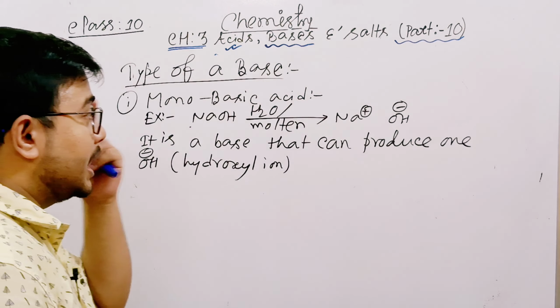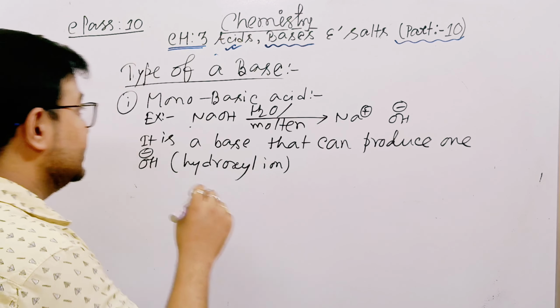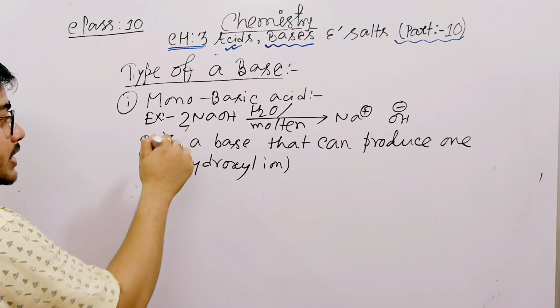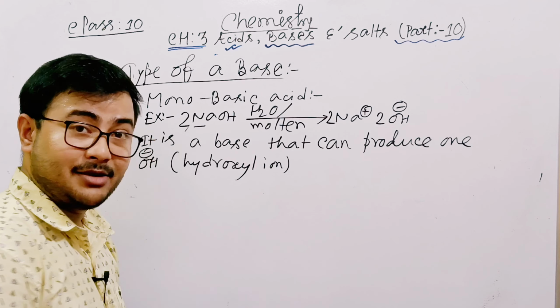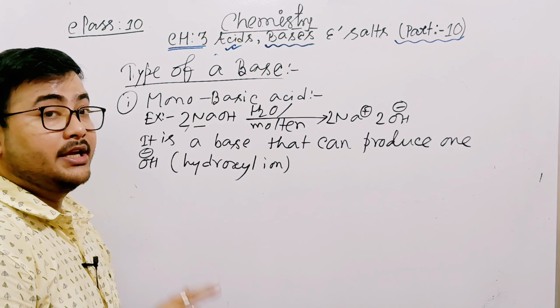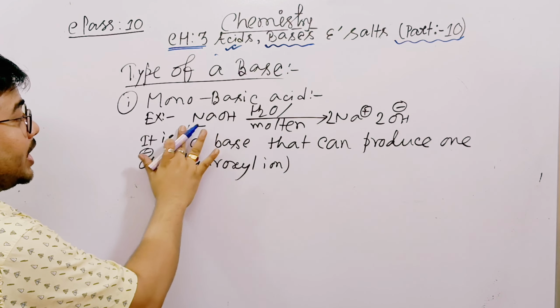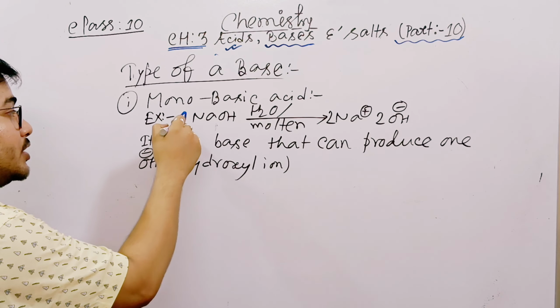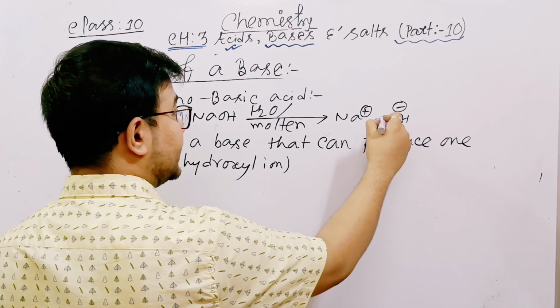But remember, how many hydroxyl ions? 1 or 2? 1. But see, if you take 2 here, so how many Na? 2 Na. How many OH? 2 OH. So it is dibasic? Answer is no. Keep in your mind, I already told, don't take more than 1 on the left hand side. Always 1.